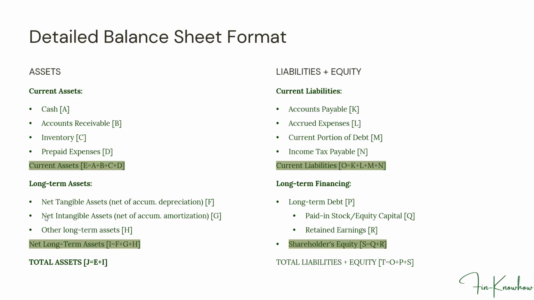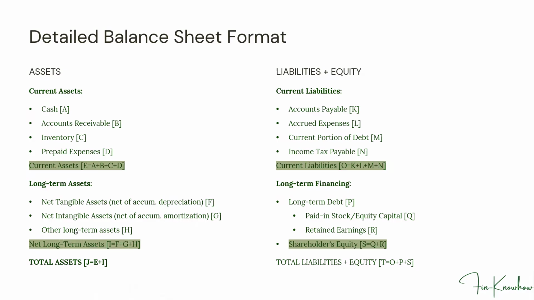You could technically present both the gross value and the accumulated depreciation to show how you got to the net value. But for simplicity's sake, I'm showing you the net intangible assets. And unlike in the case of tangible assets, what's being netted out is the amortization, which is analogous to depreciation in concept.